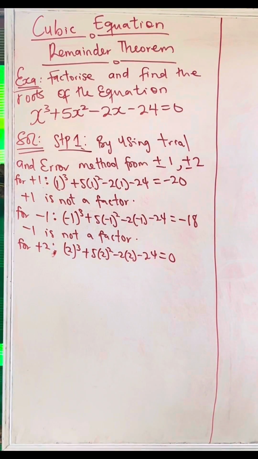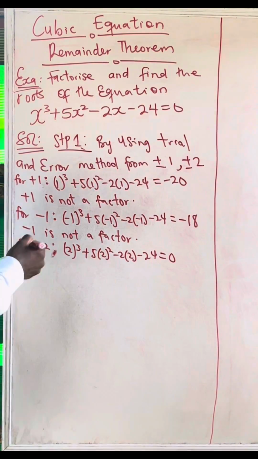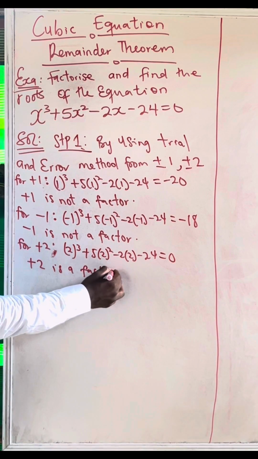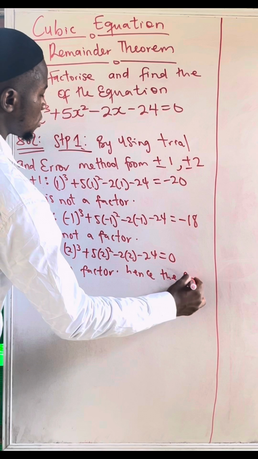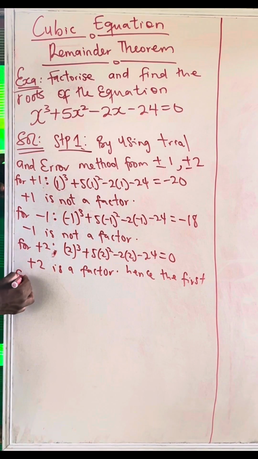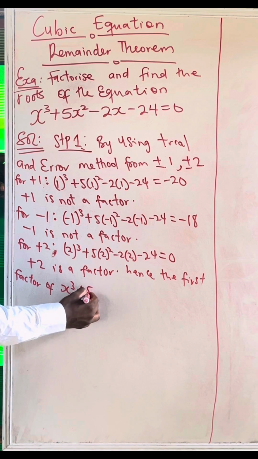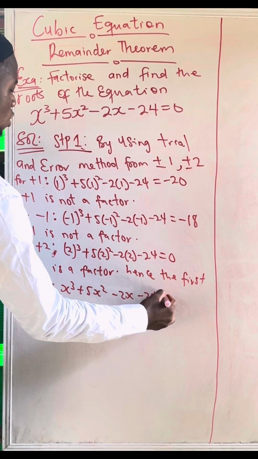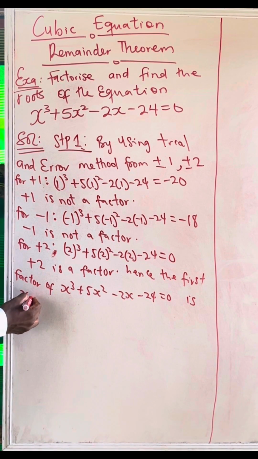So you will now see that after I substituted plus 2 into this expression, I got 0. So we then say that plus 2 is a factor. Hence, the first factor of x raised to power 3 plus 5x squared minus 2x minus 24 equals 0 is x equals 2.